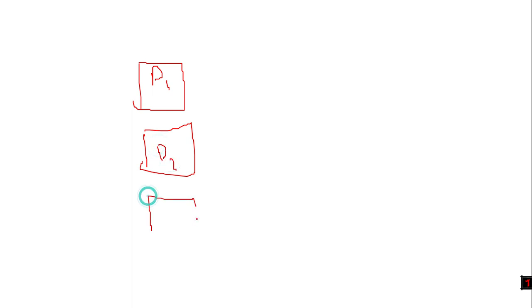Yeah, this is panel 1. We will call it P1, and this is P2, this is P2, and this is P3. Similarly, these strings are connected, these 67 strings are connected. So this is our 67th string.